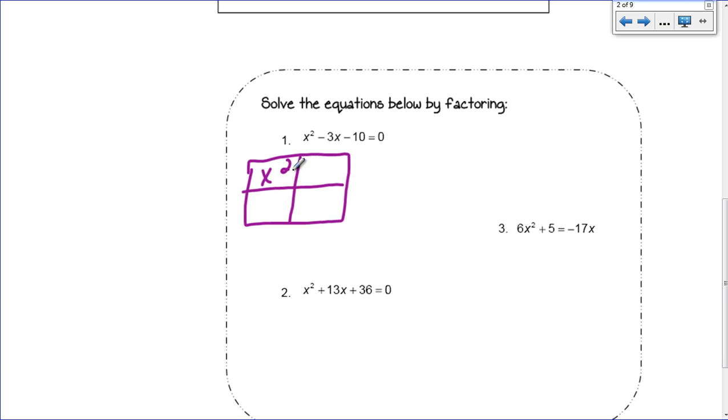X squared goes here, minus 10 goes here, and so what I need are 2 numbers that multiply to make negative 10 that add to make negative 3. So I need to list out factors of negative 10. Well, 1 and negative 10. When I add those, that doesn't equal what I need it to. So 2 and negative 5. If I add 2 and negative 5, oh, there they are. So I have 2x and negative 5x.